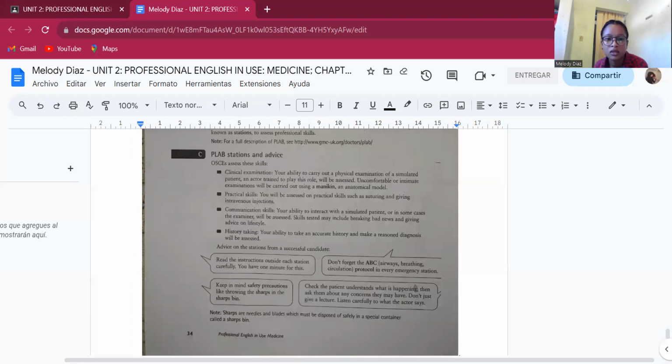Clinical examination: your ability to carry out a physical examination of a simulated patient, an actor trained to play this role, will be assessed.